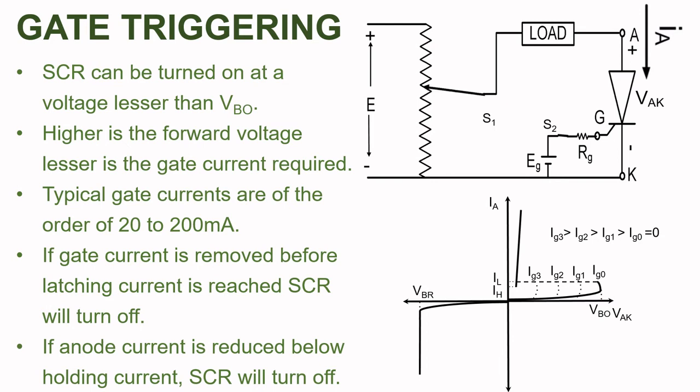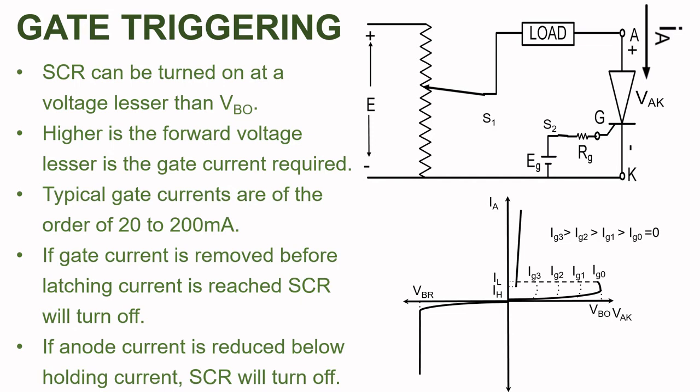Gate is triggered by closing the switch S2. Once the switch S2 is closed, anode current is set up in the SCR. If we further go on increasing the anode to cathode voltage, then the anode current will go on increasing.